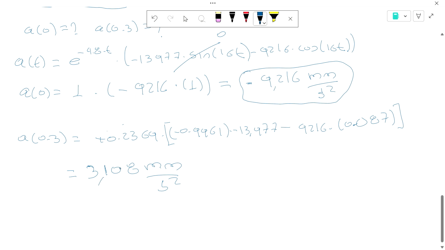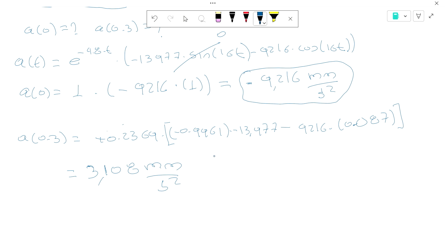If you notice, the acceleration went down because the bumper and the spring are reducing the, well, let's see. Actually, we get a positive number here, so it's increasing. I apologize.